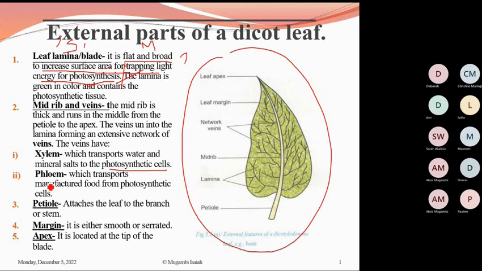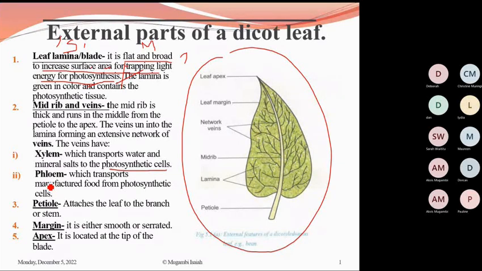So that is the phloem, and we are saying that that is found in the midrib. And in Form 4, in the last topic, we'll see how the petiole helps in maintaining the turgidity, or helping in the support of the leaf.